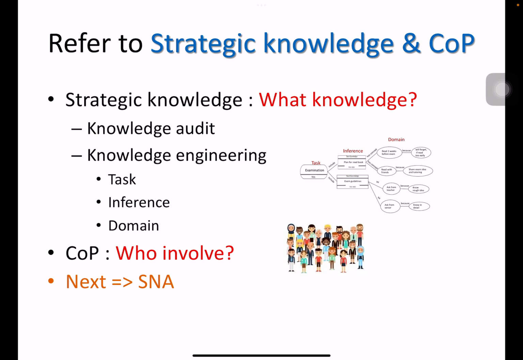So, back to the starting point of the strategic knowledge: first, we know we are going to focus on discussing the strategic knowledge, how and why. And then we transfer to the knowledge transcript, and then we combine this knowledge more.